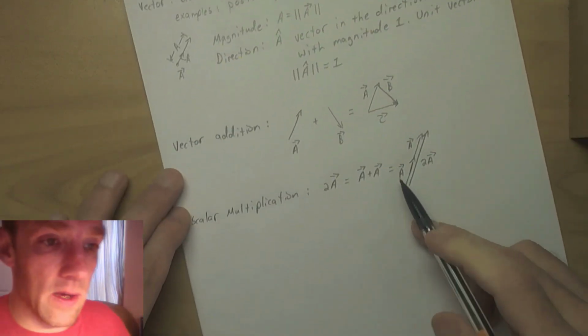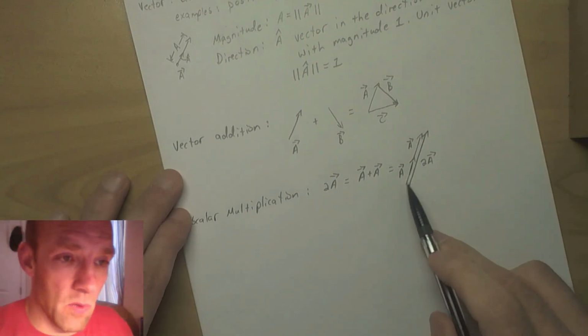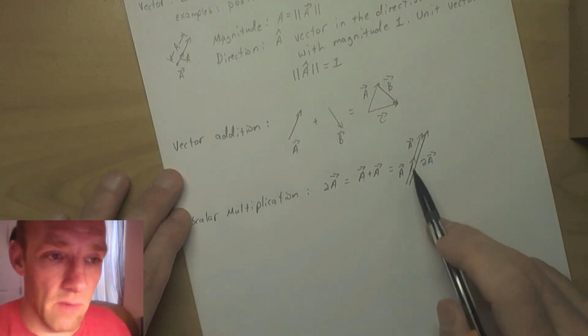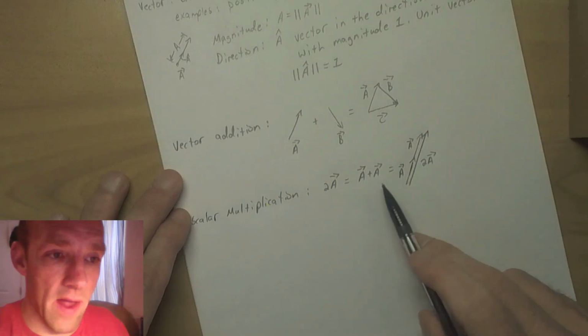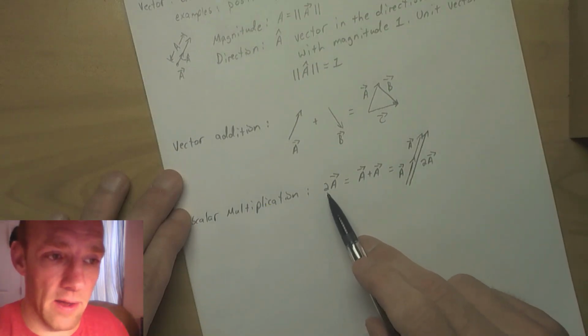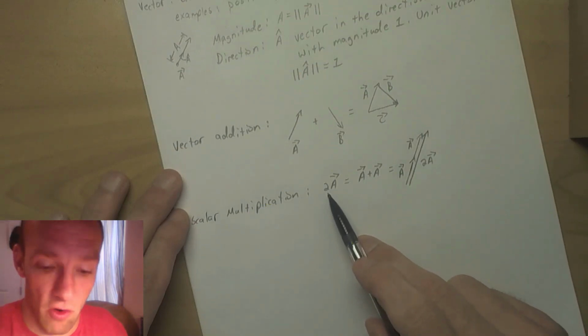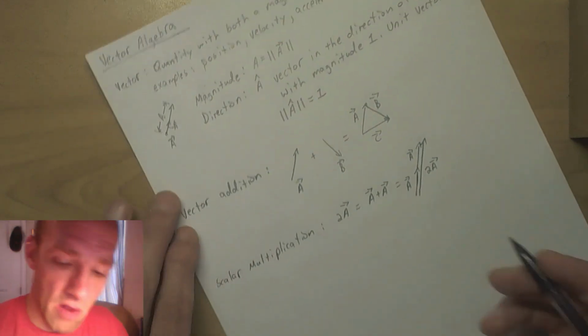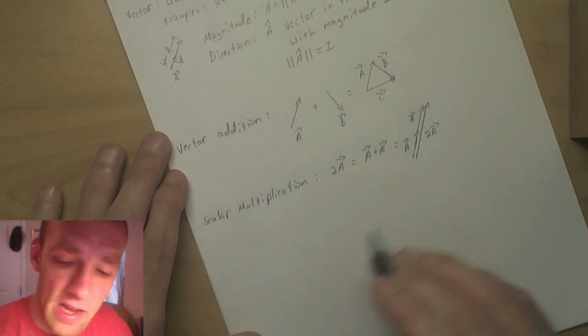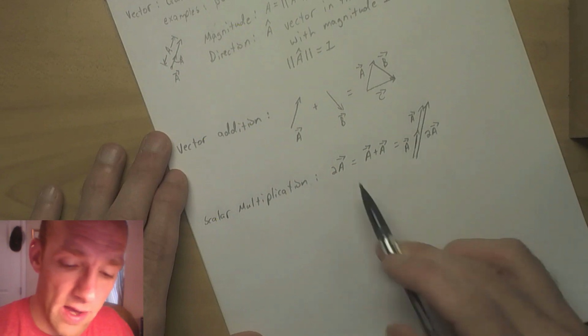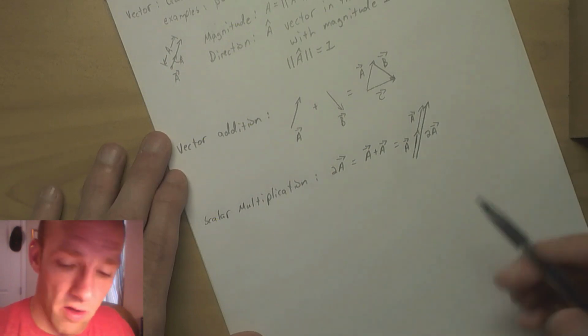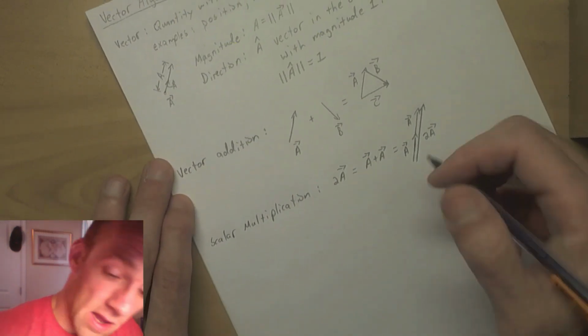Now, there's this clear definition when you're multiplying by an integer, right? You have this understanding, but it expands just the same way multiplying by fractions does with numbers.